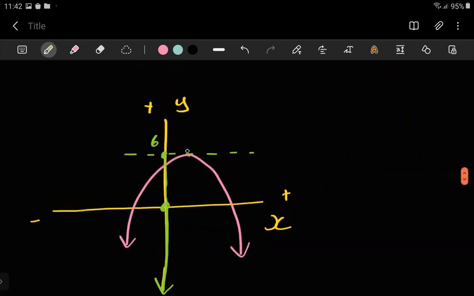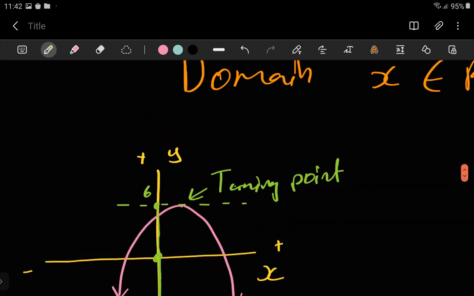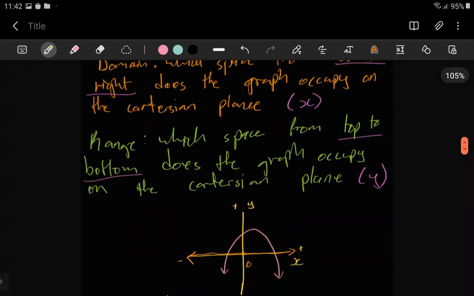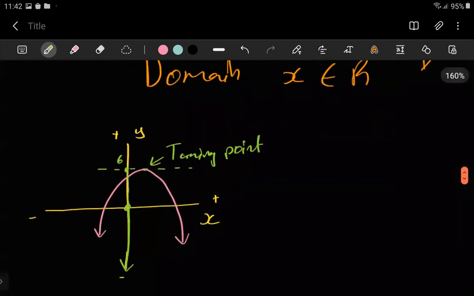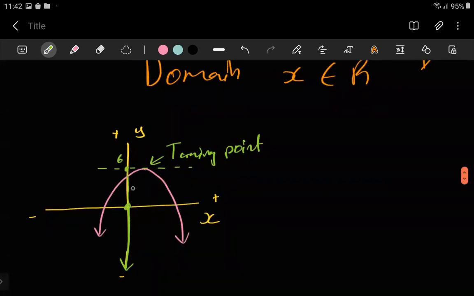So in terms of a restriction, here it's a turning point. It's literally visible. We can see that the graph does not go above 6. With domain, we will just be focusing on the picture from top to bottom. We won't even worry about left to right. We have dealt with that. That's domain. So for range, it's just asking, where is the image? Where are you seeing it from top to bottom?